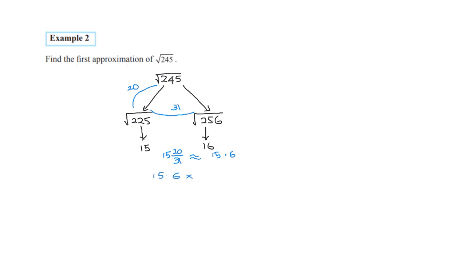15.6 into 15.6 makes 243.36. Then our number is 245. So we check 15.7, that is 15.7 times 15.7 equal to 246.49.